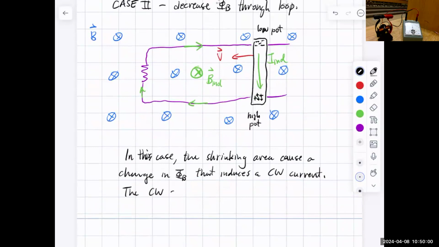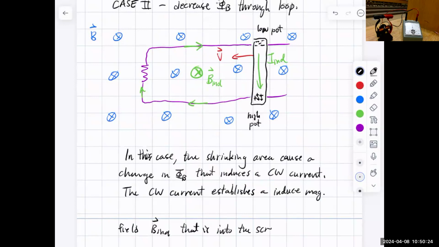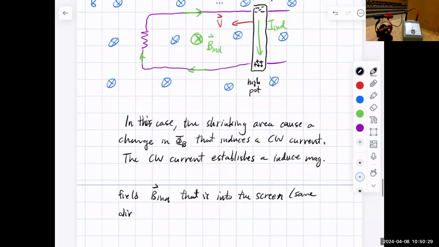The clockwise current establishes an induced magnetic field, B induced, that is into the screen, or it's the same direction as the original blue magnetic fields.